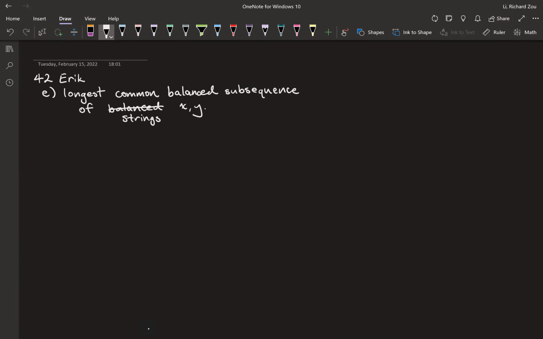My initial thought is, okay, what exactly makes a string balanced? We think about the properties of what a string might look like if it's balanced, and how we might construct a balanced string if given nothing. Okay. So let's see here.